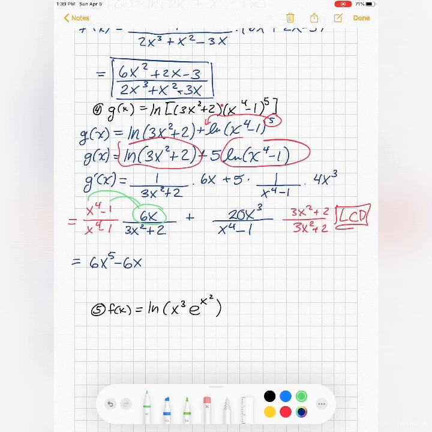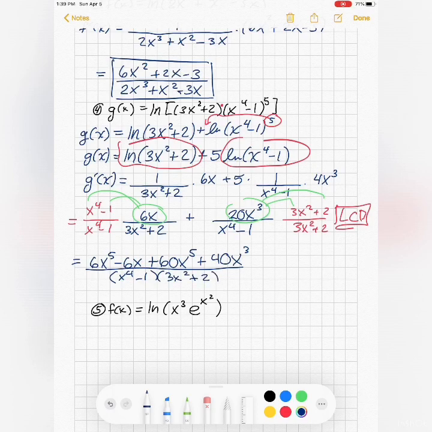And then over here, same thing, I'm distributing this guy: plus 60x to the 5th plus 40x cubed. And then I'll leave the denominator.